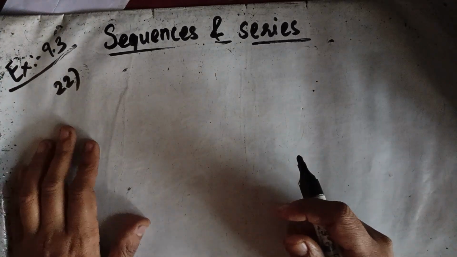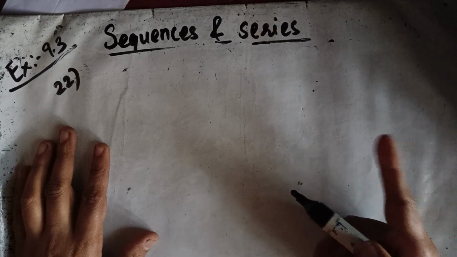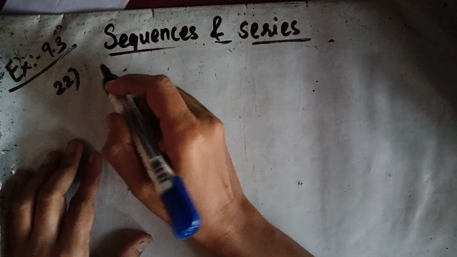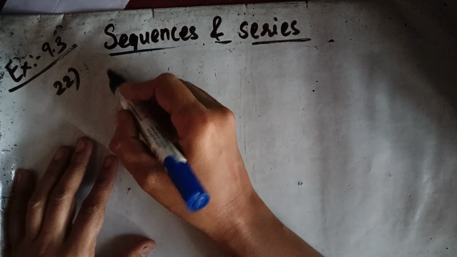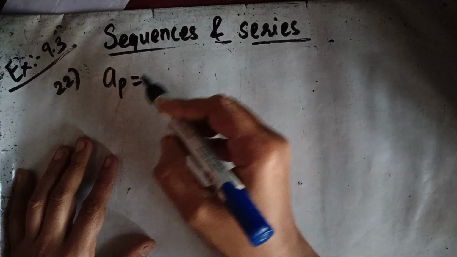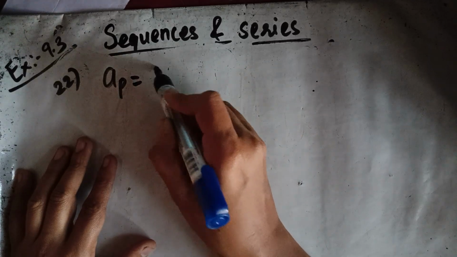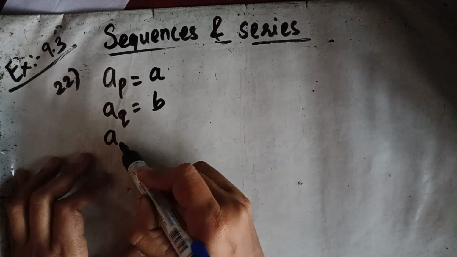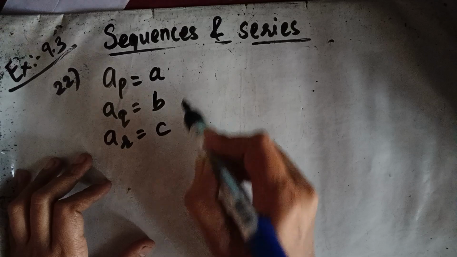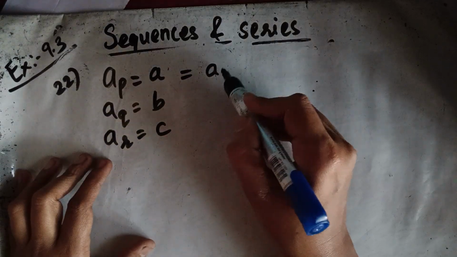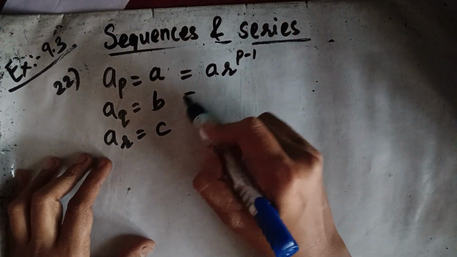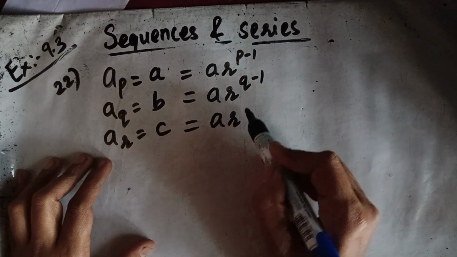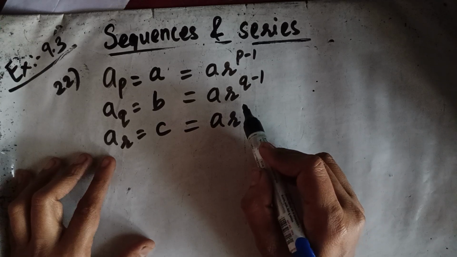Next question. If the pth, qth and rth terms of the GP are a, b, c, prove that... Okay. So pth term a, qth term b, and rth term c. So this can be written as A R raised to P minus 1, A R raised to Q minus 1, and A R raised to R minus 1.